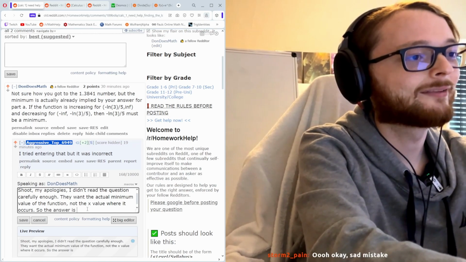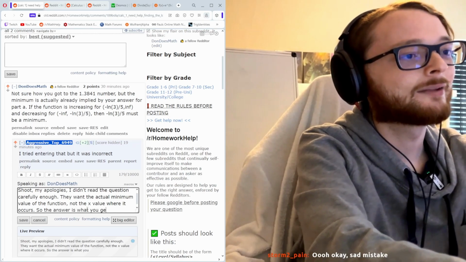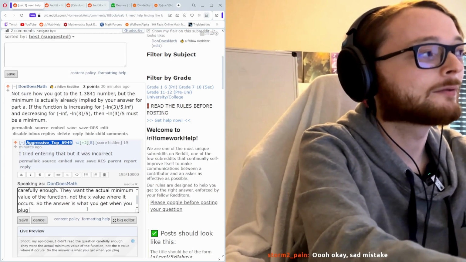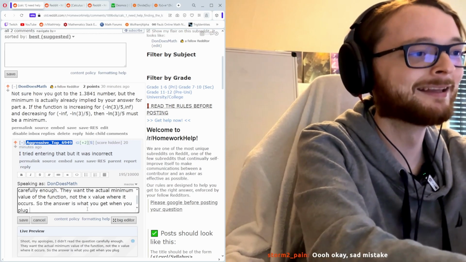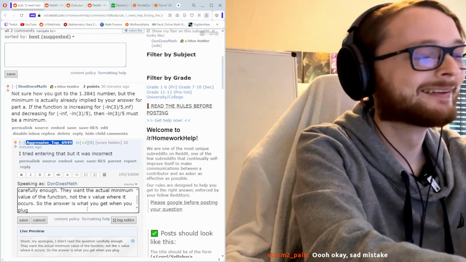The answer is what you get when you plug x equals minus ln 3 over 5 into the function. Just before this, I was going crazy trying to figure out this one limit, so you might have a thought on it. I'll show it in a second.